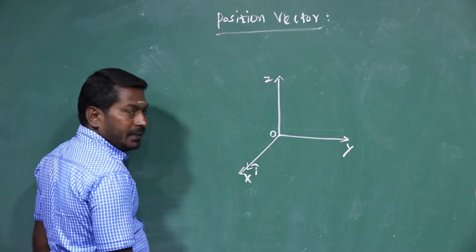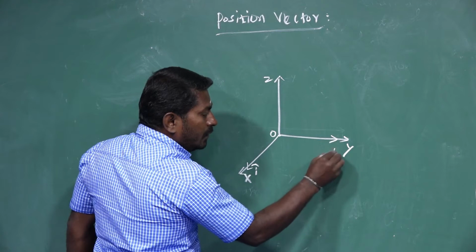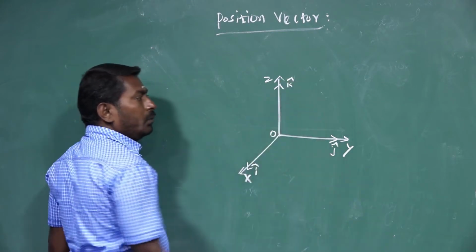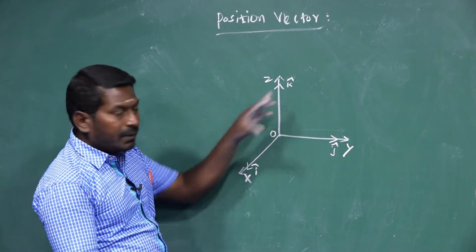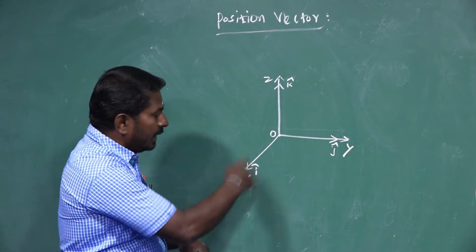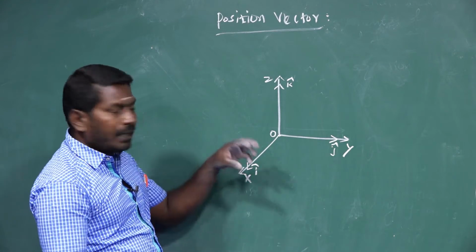i cap is a unit vector along the x-axis, j cap is a unit vector along the y-axis, k cap is a unit vector along the z-axis. So i cap, j cap, k cap are the three unit vectors which denote the direction along the x-axis, y-axis and z-axis, but with magnitude 1.